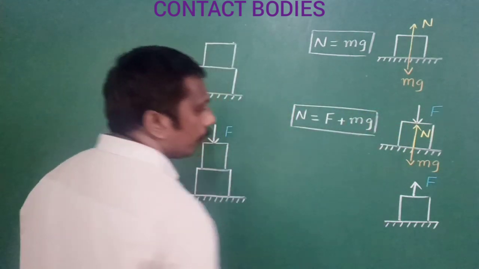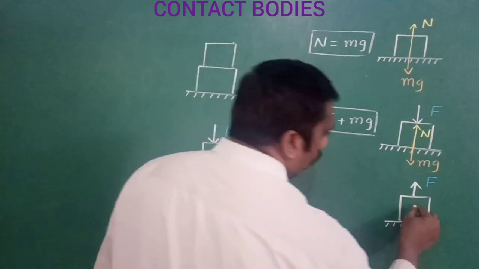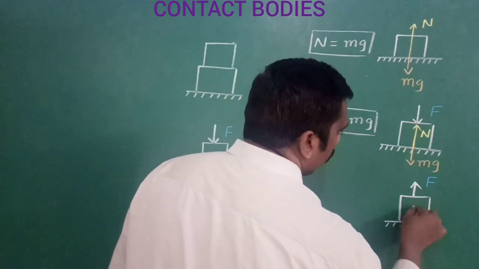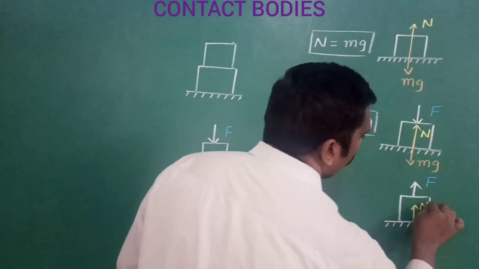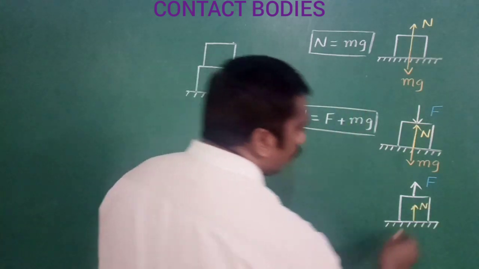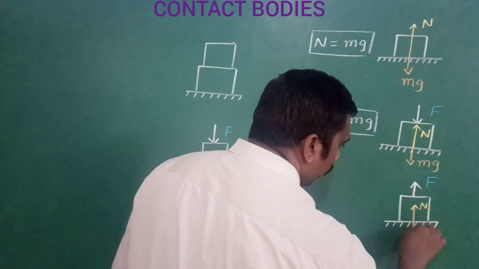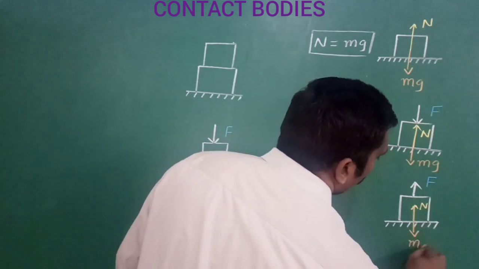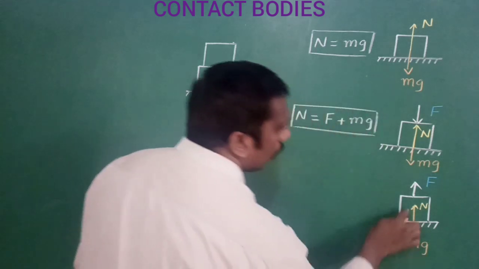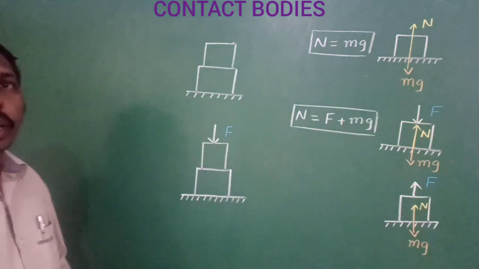Come to here. In this case, normal reaction is acting in upward direction by the ground. Weight of the block is acting in downward direction.